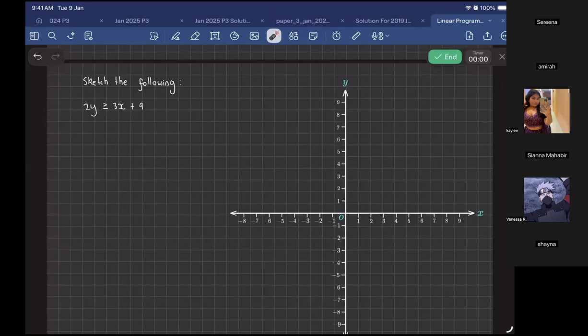If you say 12 is equal to minus 6, that doesn't make sense. That would have to be an inequality, so you'd put more than or equal to for all the lines. Sienna, you hear what I'm saying? Yes, sir. You shaded the correct side, that's correct. I would advise you to label your line: 2y is equal to 3x plus 9.